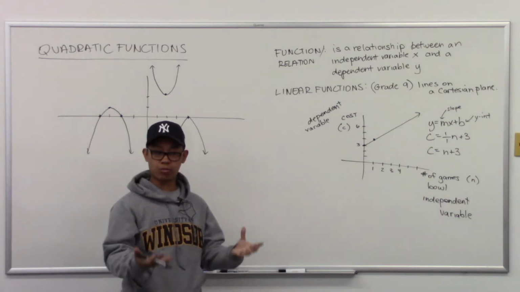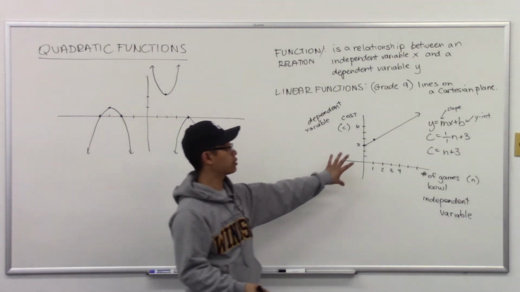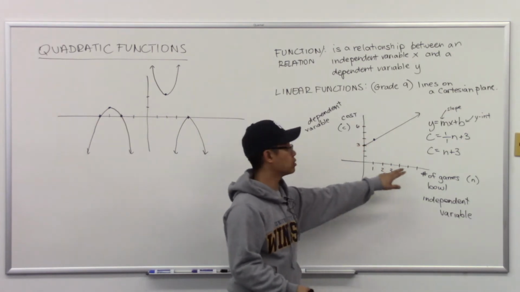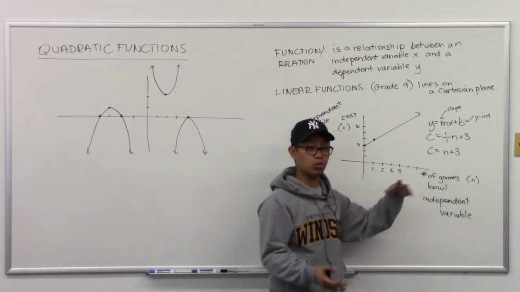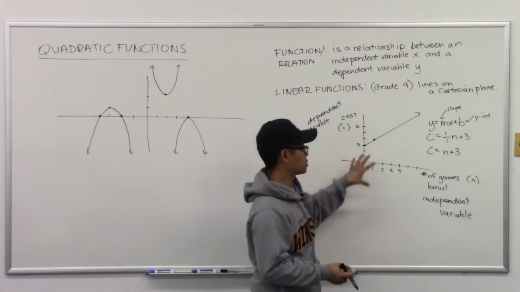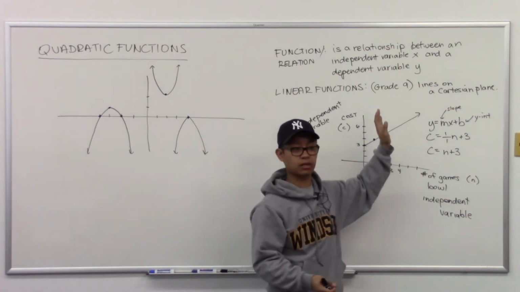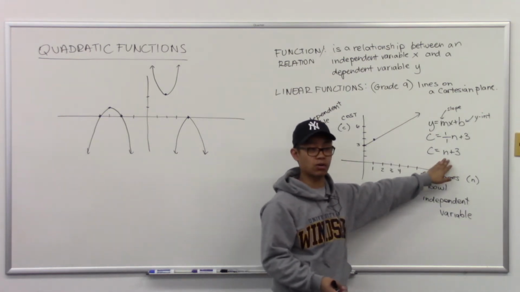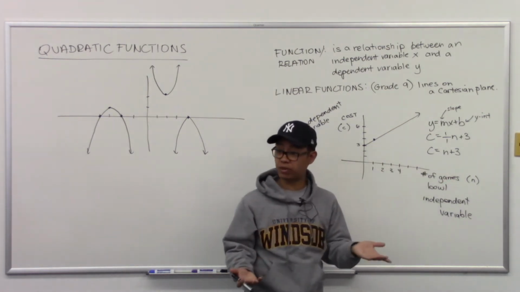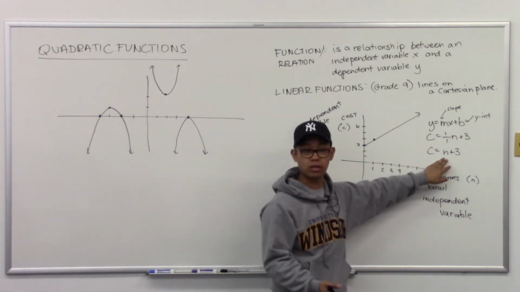So we can express functions as either graphs or equations. Both are very, very useful. Sometimes you can look at a graph and just tell things like, oh, it's increasing, where this is a little bit harder to tell that it's increasing. So sometimes there are benefits to having graphs, and sometimes there's benefits to having equations.